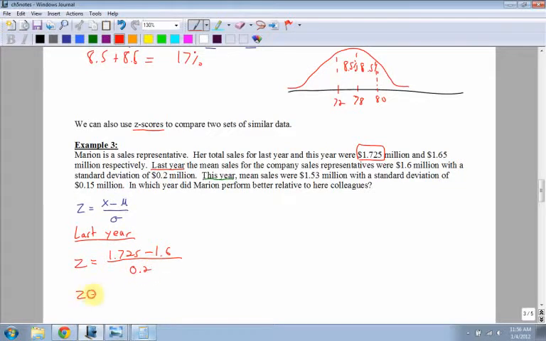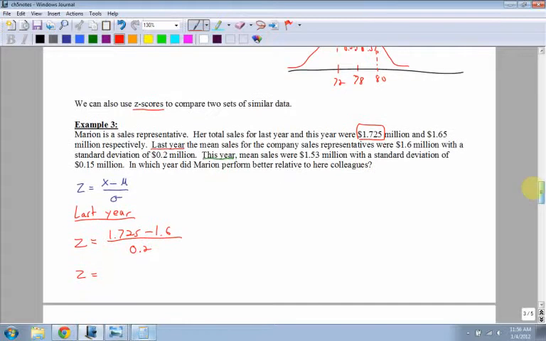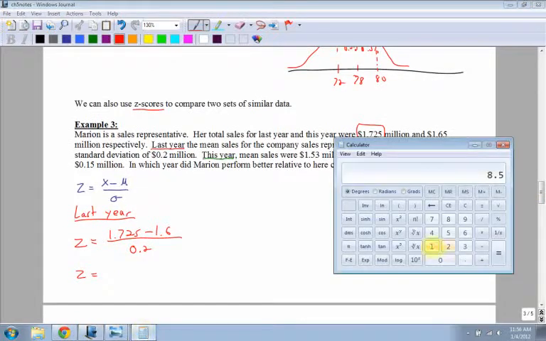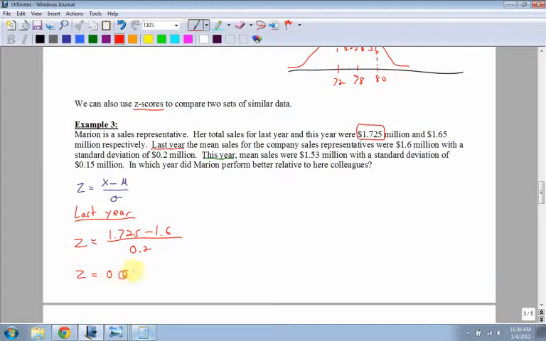This will give me my z value. So I bring up the calculator: 1.725 minus 1.6 is equal to 0.125. Divide that by 0.2, I get 0.625. So 0.625 is my z value.